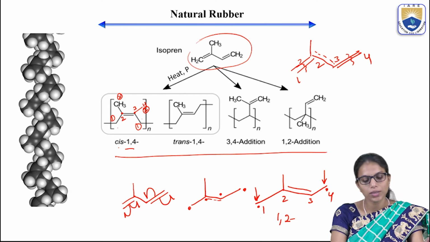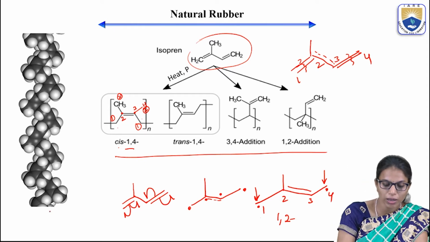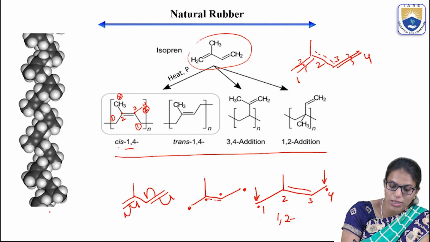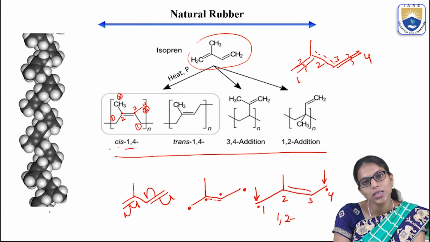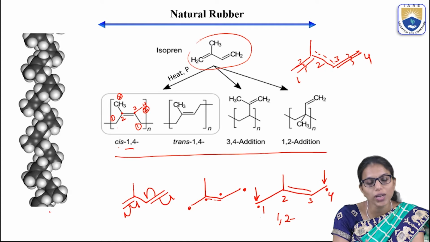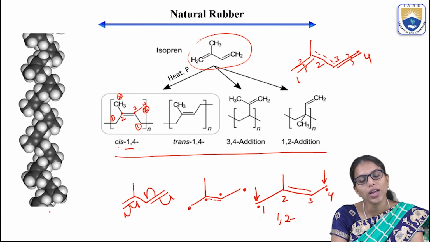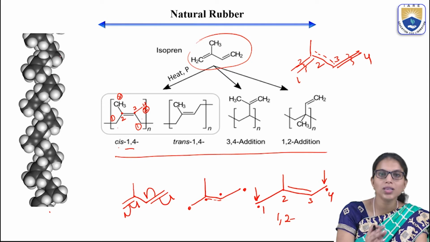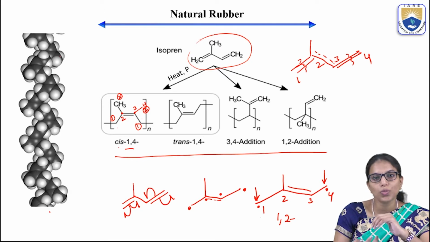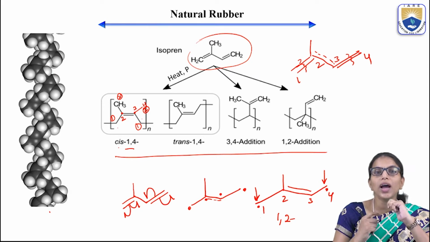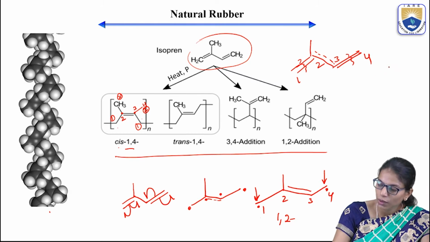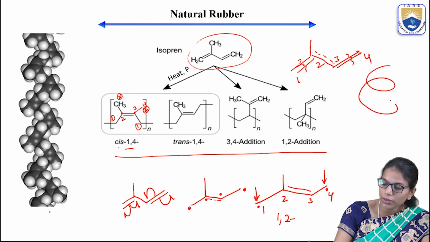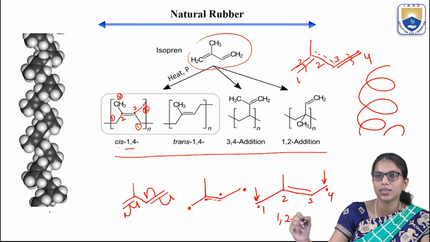And if we look at this molecular diagram, as I have said, only cis polyisoprene forms natural rubber. If we look at this structure, the cis polyisoprene molecules bind together and form this type of helix structure.